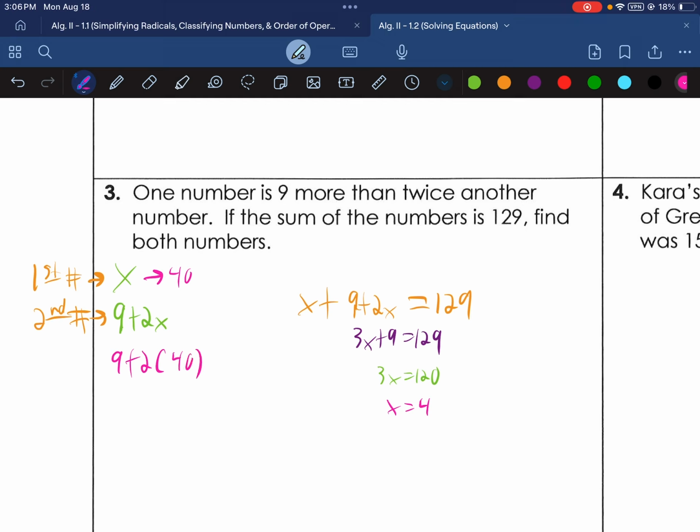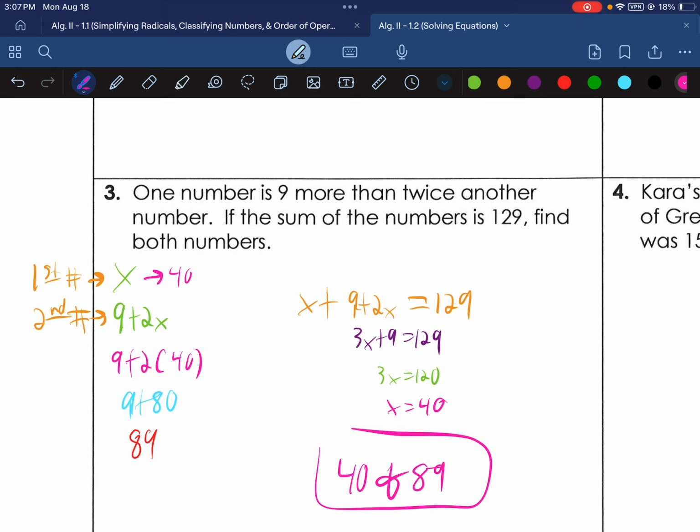Now we have to find the other one by doing 9 plus 2 times 40. So that'd be 9 plus 80, which results in 89. So our two numbers are 40 and 89.